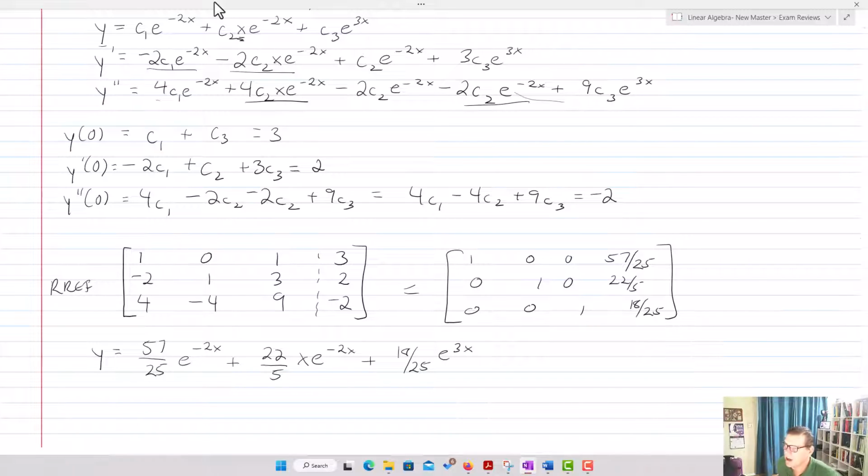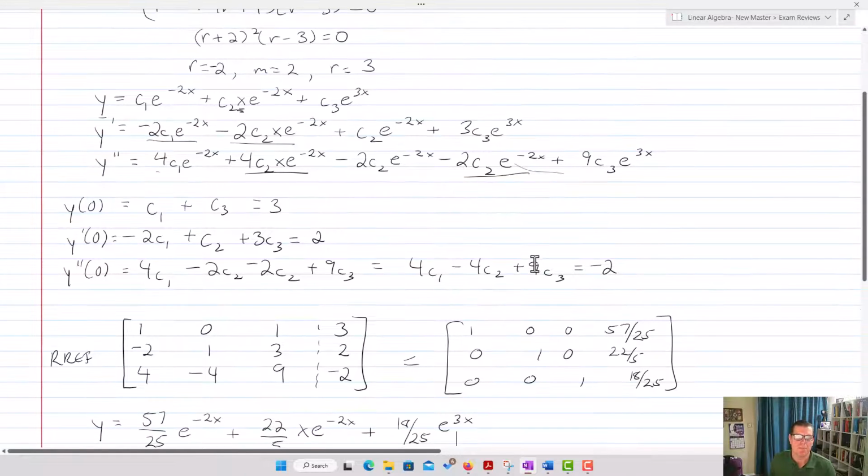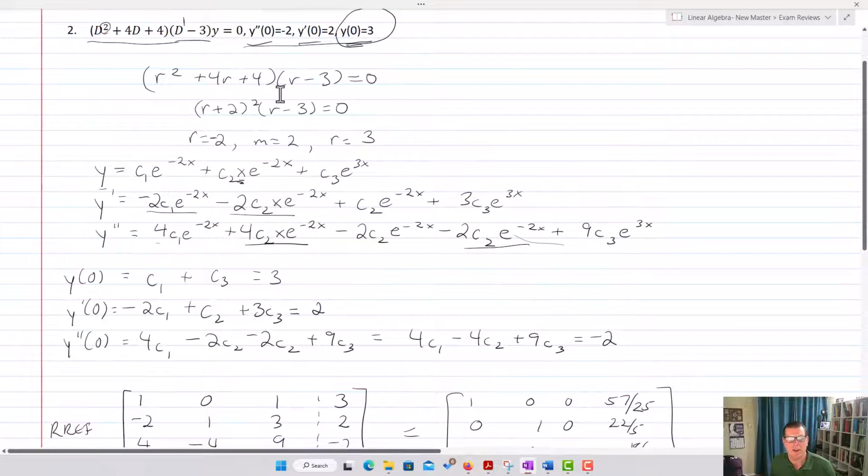And that is now the particular solution to this differential equation given those initial conditions. All right? So basically I just utilized that auxiliary polynomial in order to find my solutions to find my general solution. I have C1, C2, C3 because this is a third order differential equation.